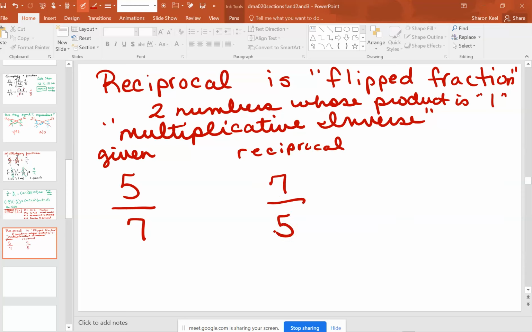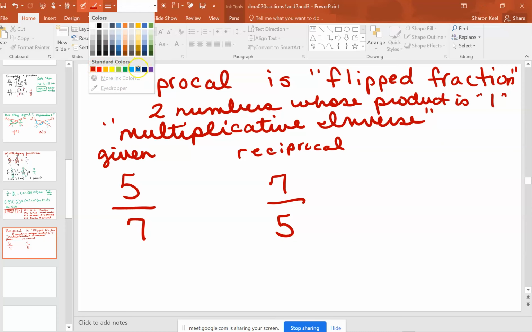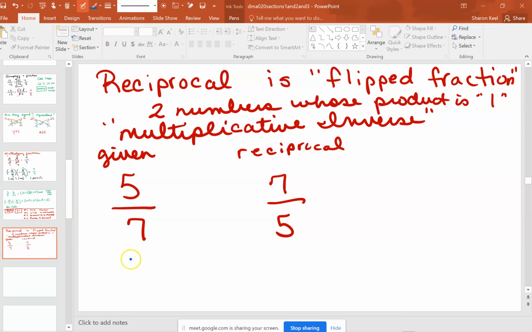I would flip the numerator and denominator upside down. If you were given a whole number, let's say you were given the number 3, if you're writing the reciprocal, the whole number 3 technically is over 1. So the reciprocal of a whole number would be 1 over 3.